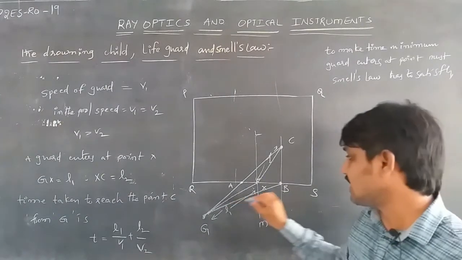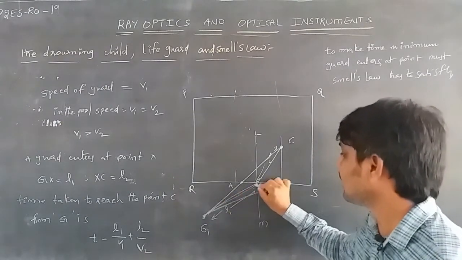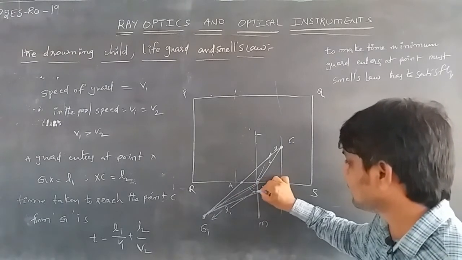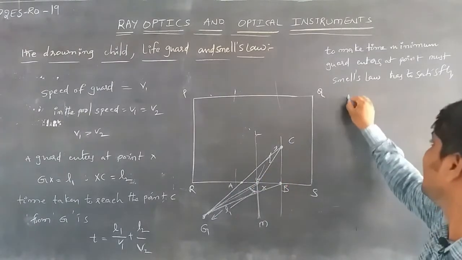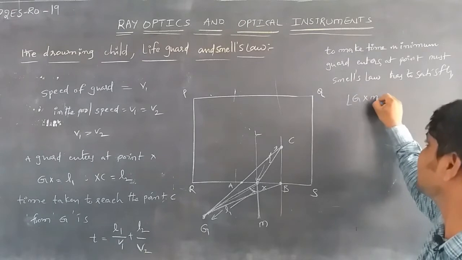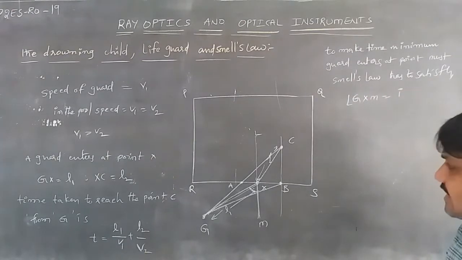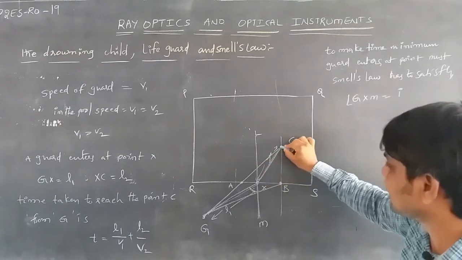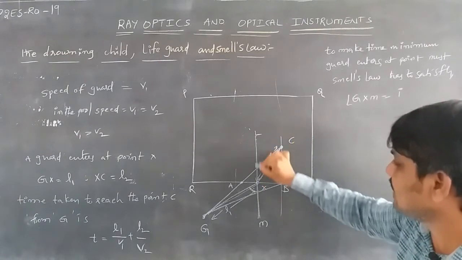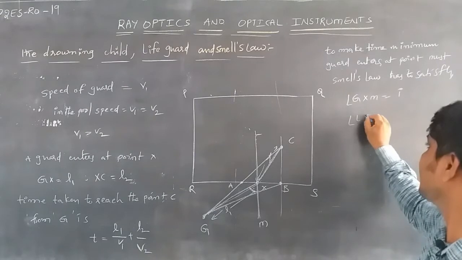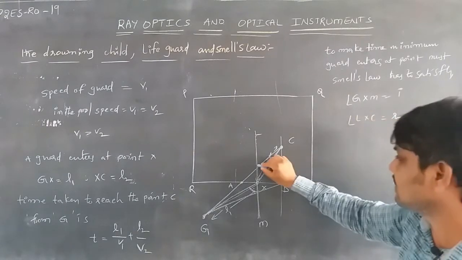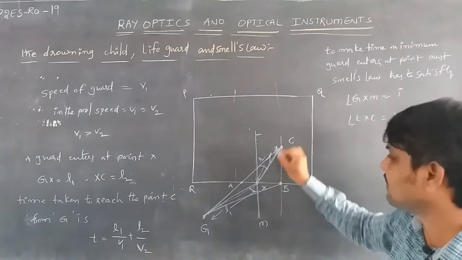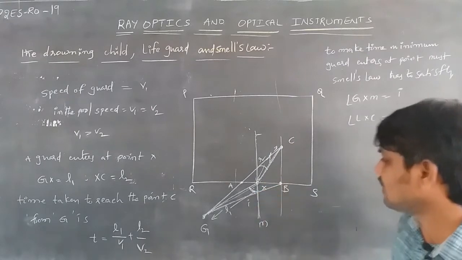When the guard enters at point X, this will be the angle of incidence, meaning angle GXM is equal to i. Next, when refraction happens as he enters the pool, the angle LXC will be the angle of refraction. This is the angle of refraction and this is the angle of incidence.